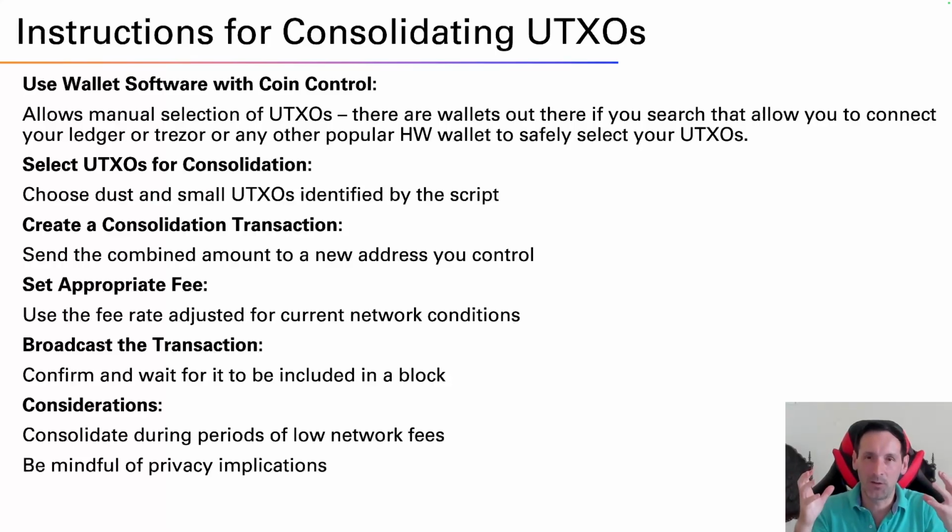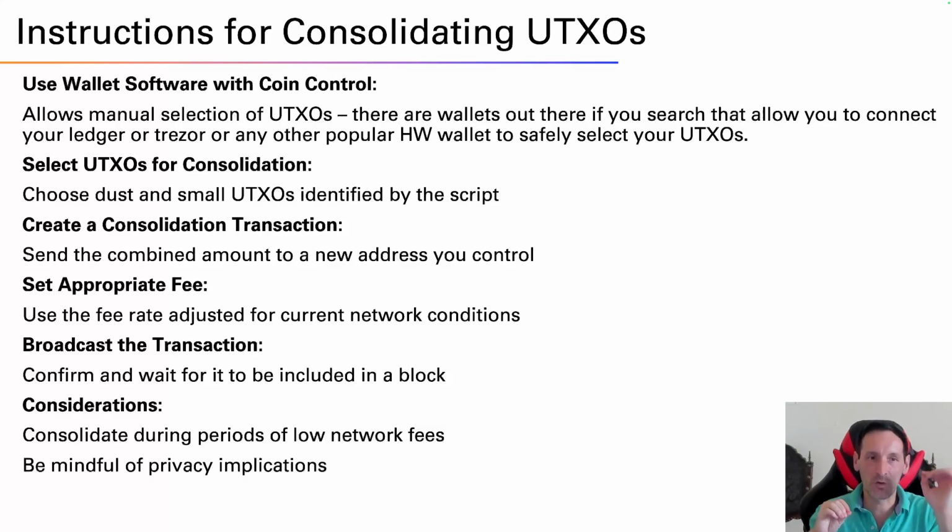Effectively, consolidating UTXOs is a transaction where you send from one of your addresses to another address, but the important thing here is that the wallet you're using allows you to pick the UTXOs that you want to spend.